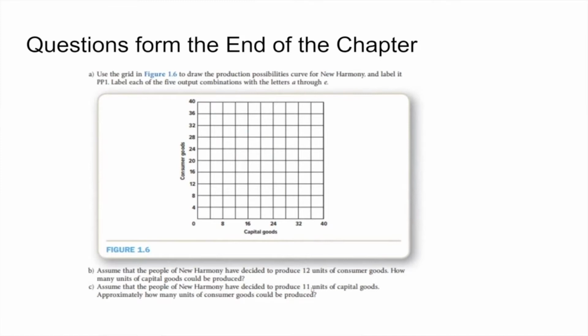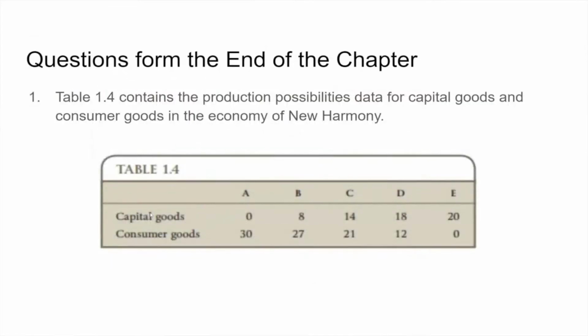We've got 0 to 8, 8 to 14, so it's between 8 and 14. 11 is approximately halfway between 8 and 14. So we go halfway between 27 and 21, which would be around 24. Now, you can also pull that right off the graph.